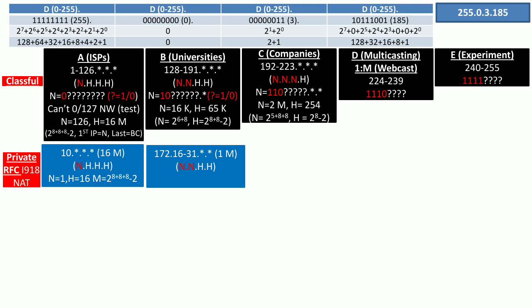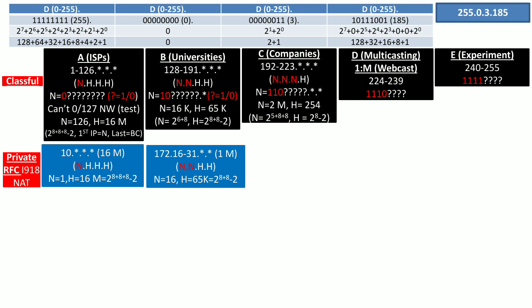Then 172.16, and this is a class B IP address. So 172.16 to 172.31. If you see a value in the first 2 octets that ranges between these values, then it means that it is a private address, not a public address. The first 2 octets are used for network addressing and the last 2 octets are used for host addresses.